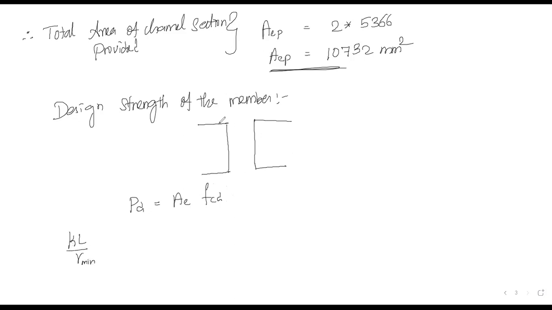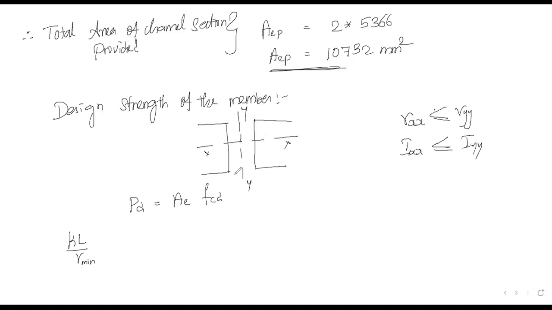So here the sections are to be placed like this in a laced section. This is our YY axis, this is our XX axis. When comparing with RXX, the RYY value will be high. So IXX value should be less than IYY value.